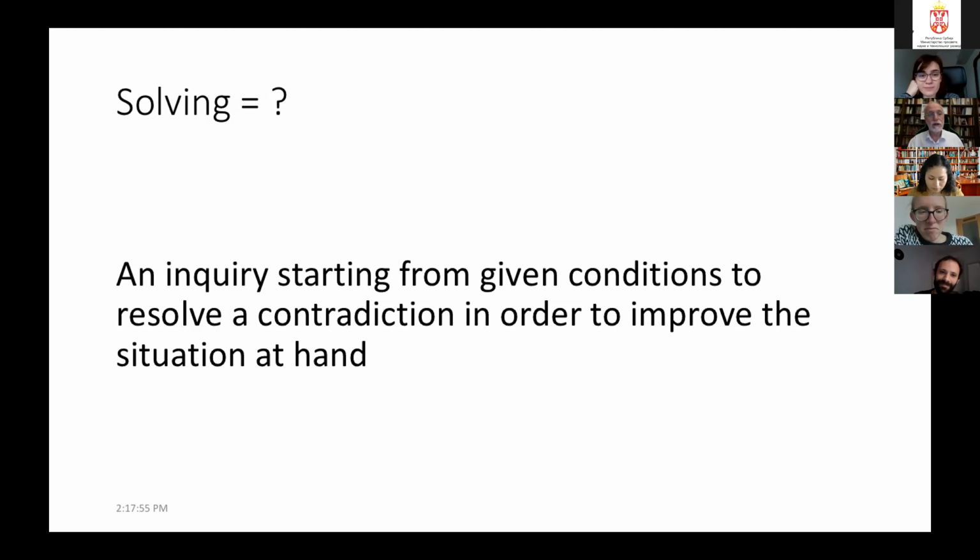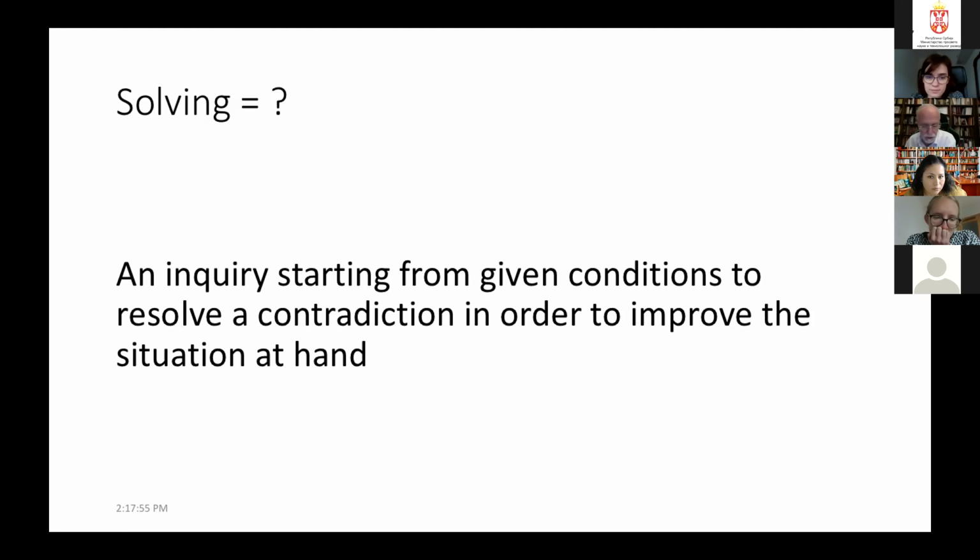So solving is an inquiry, starting from given conditions, a contradiction. And now we want to improve the situation that we have. So there is an initial stage and there is a final stage. Initially, we have a contradiction.